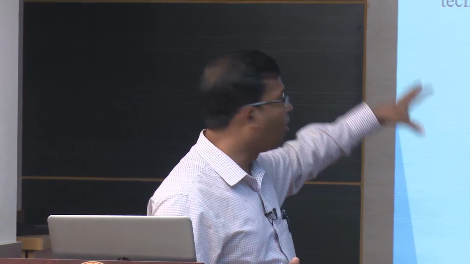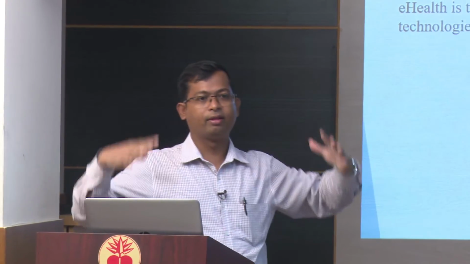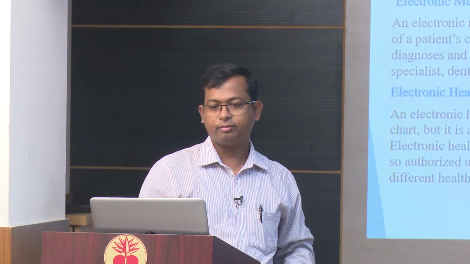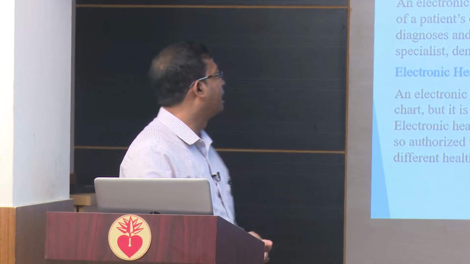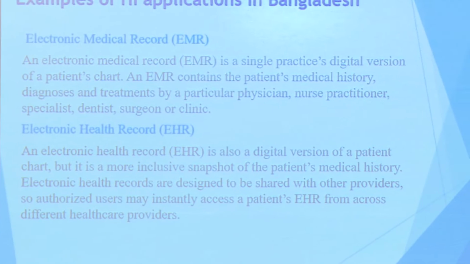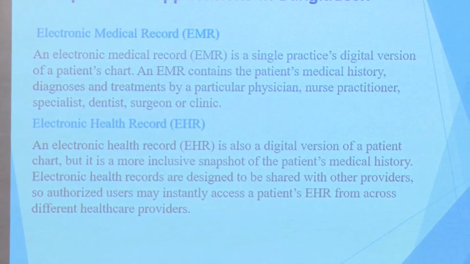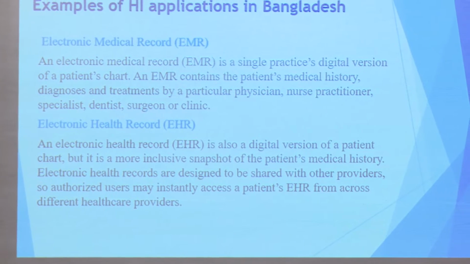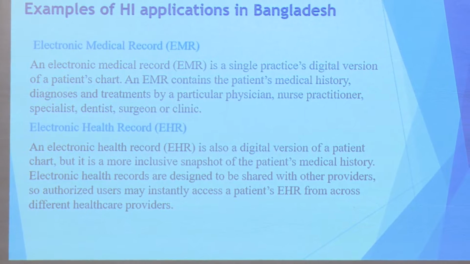Electronic health record or medical record. So all of these fall under the umbrella. For the electronic medical record, I will not go through it much, just the definition. An electronic medical record is a single-practice digital version of the patient chart.